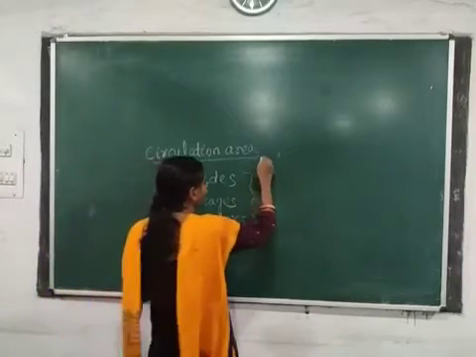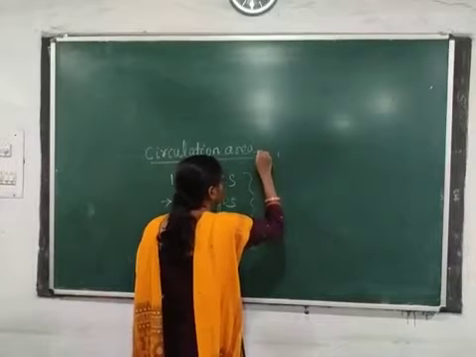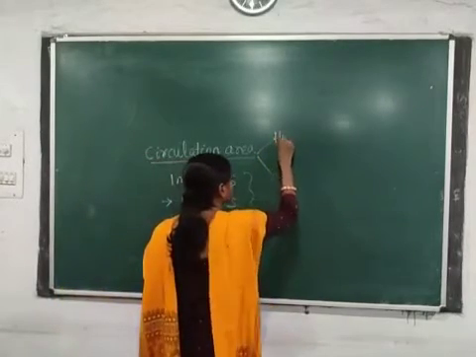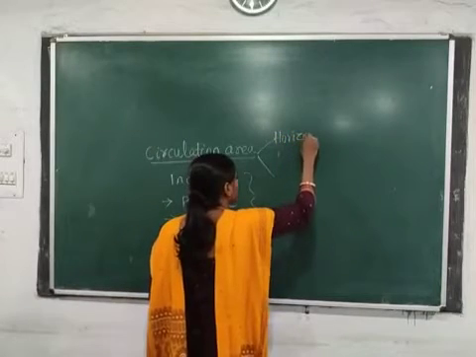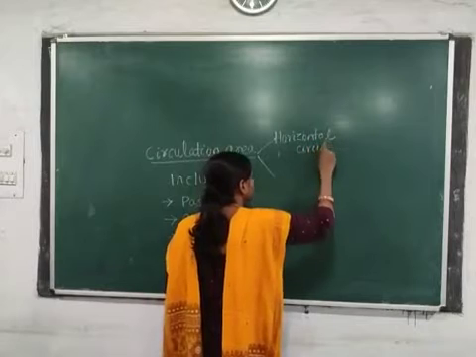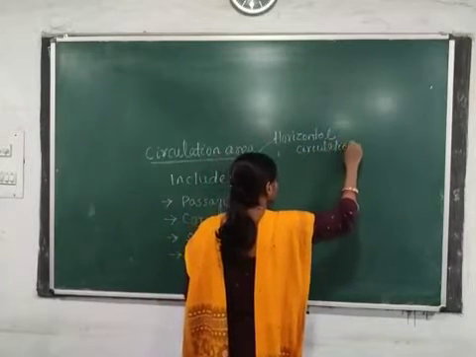Again, the circulation area is divided into two parts. First one is your horizontal circulation area.